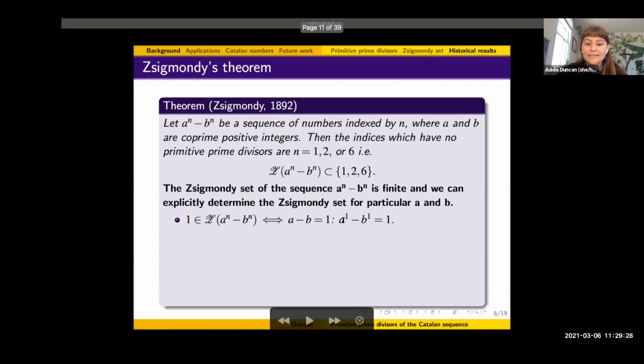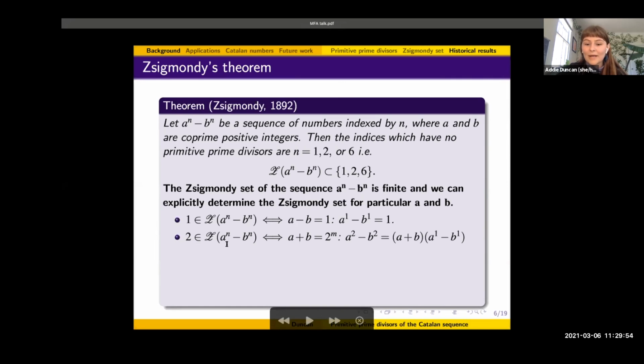This is really easy to see, because if you look at the first term, a^1 - b^1, that's a - b, which is 1. Since 1 has no prime divisors, it certainly can't have any primitive prime divisors. So 1 is in the Zsigmondy set in this case. 2 is in the Zsigmondy set if and only if a + b is a power of 2. Again, if we want to see this, we can look at the second term in the sequence.